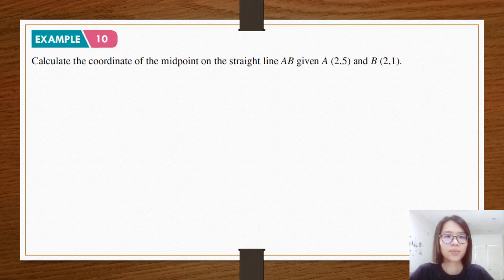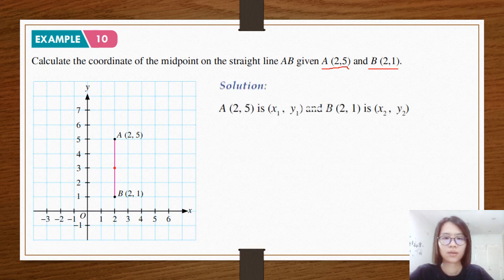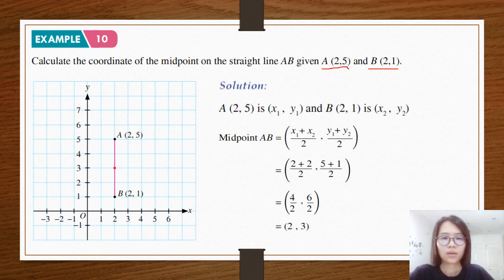Now we look at example 10. Calculate the coordinates of the midpoint on the straight line AB given A(2, 5) and B(2, 1). Alright, here we apply the formula of midpoint, which is x1 plus x2 divided by 2, y1 plus y2 divided by 2.